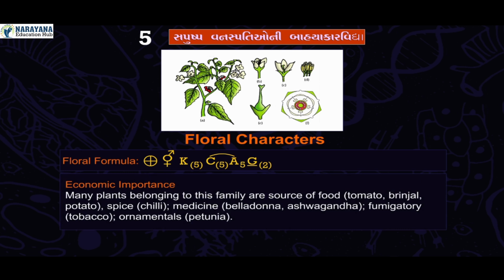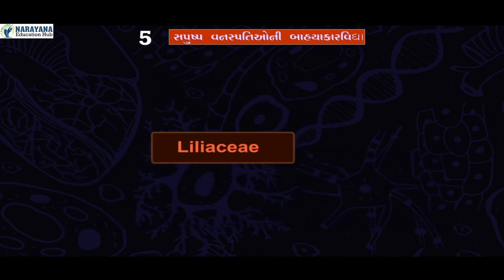Many plants belonging to this family are sources of food, that is, tomato, brinjal, potato. Spice, that is, chili. Medicine, that is, belladonna, ashwagandha. Fumigatory, that is, tobacco. Ornamentals, that is, petunia.